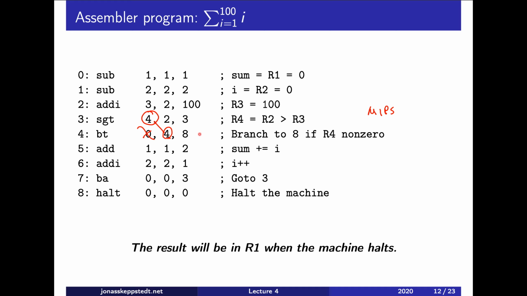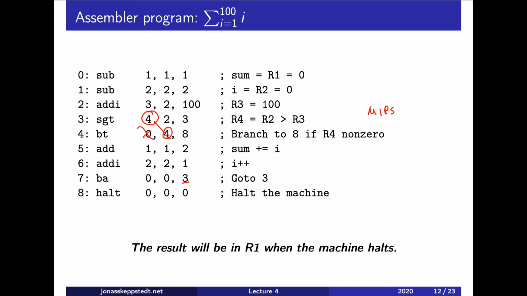And then the constant here is the destination address. Okay? And if we didn't branch, then we increment the sum. And then we increment I, and then we branch unconditionally, or branch always, to address 0. So we start up here again. And then we continue.